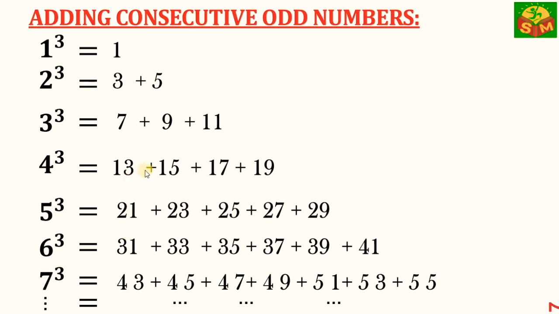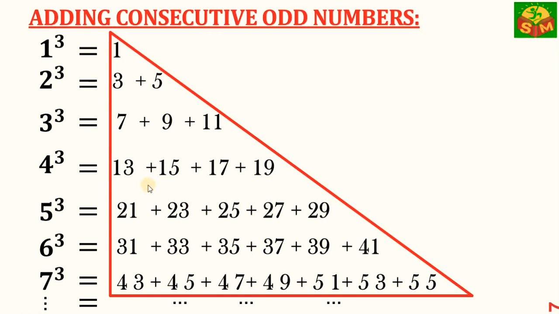So it's a pattern in which no number is repeated and all these numbers are consecutive odd numbers. For 1 cubed there is only one odd number, for 2 cubed we have two odd numbers, here 3 odd numbers, and here 4 odd numbers, and obviously for 5 cubed there are 5 odd numbers.